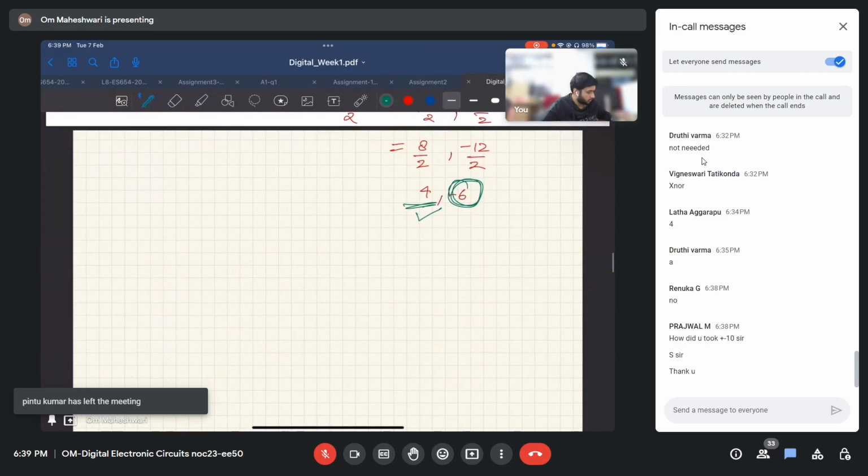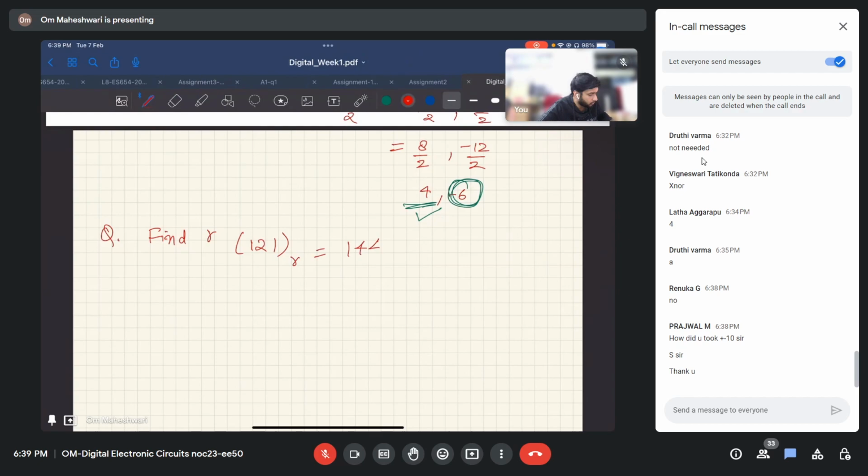Okay, so let me give you a small question here. Find R so that 121 base R equals 144 base 8.